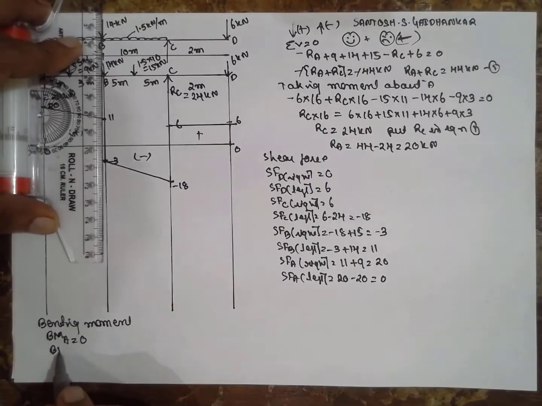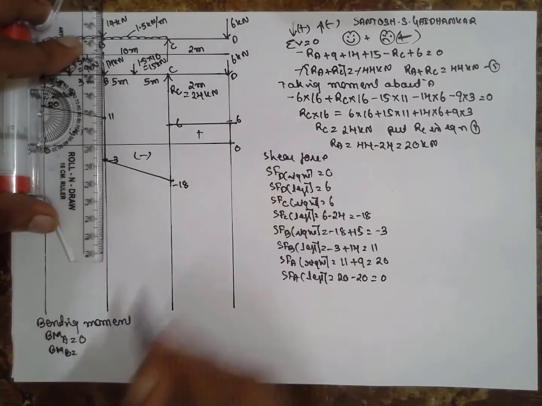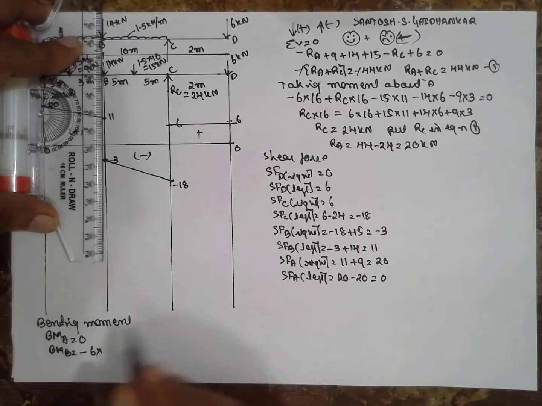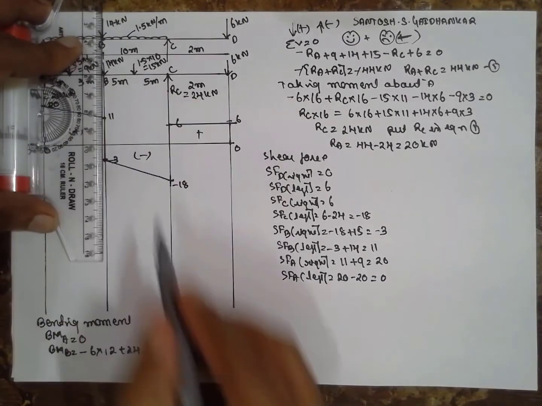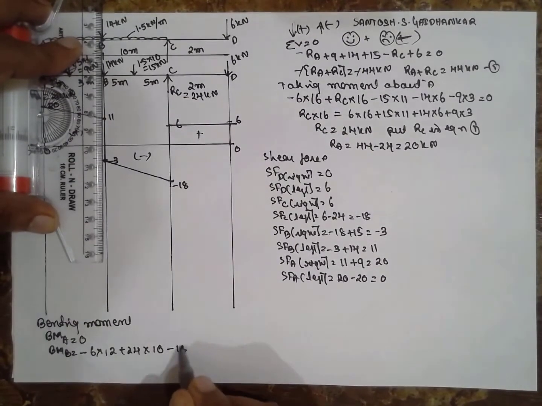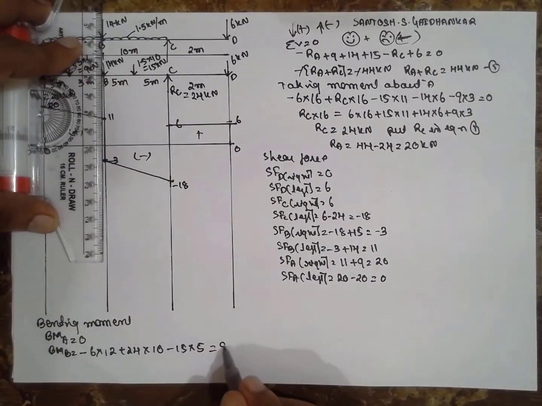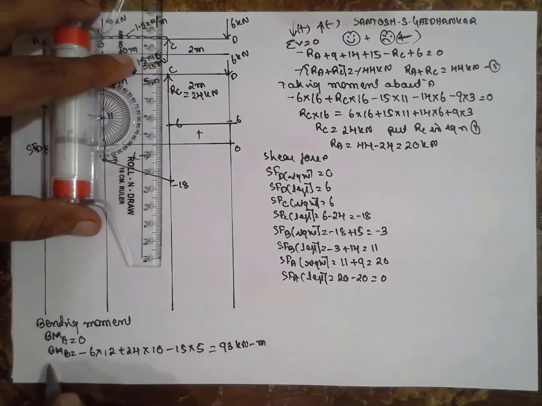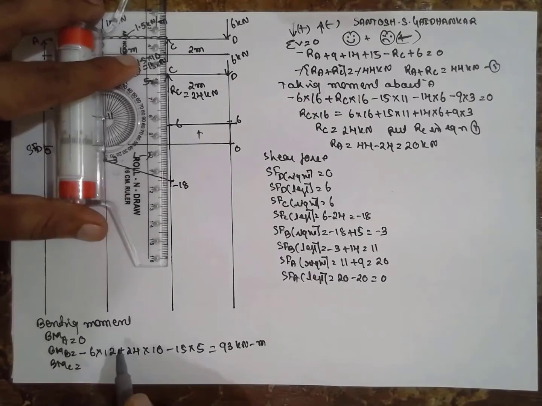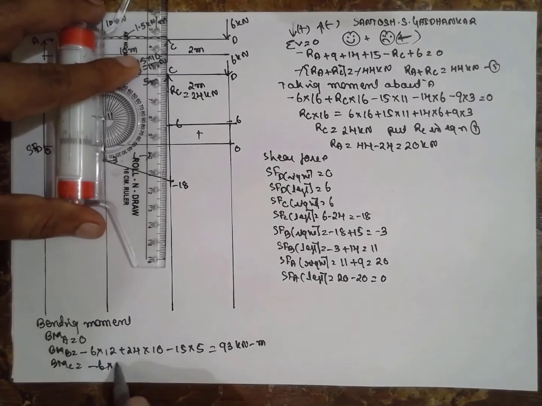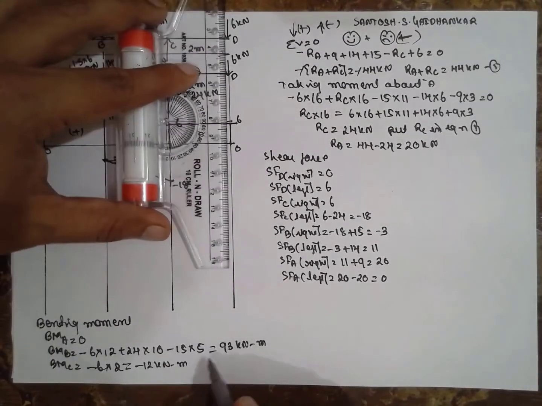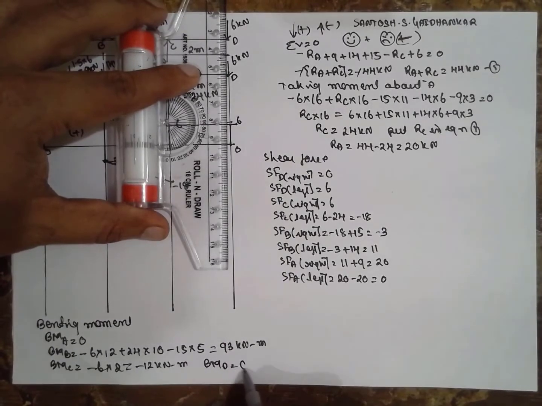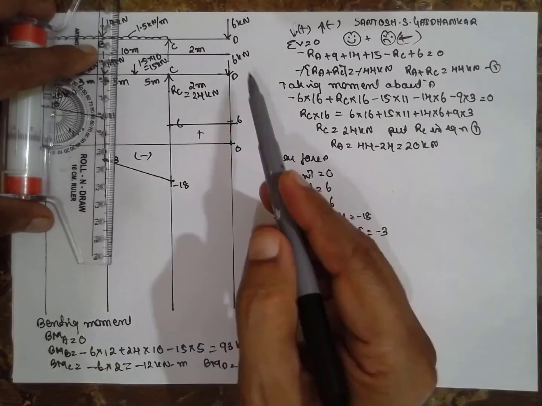Bending moment at B will be minus 6 into 12, plus 24 into 10, minus 15 into 5. The answer is 93 kilonewton meter. Bending moment at C is minus 6 into 2, which is minus 12 kilonewton meter. Bending moment at D will be 0.